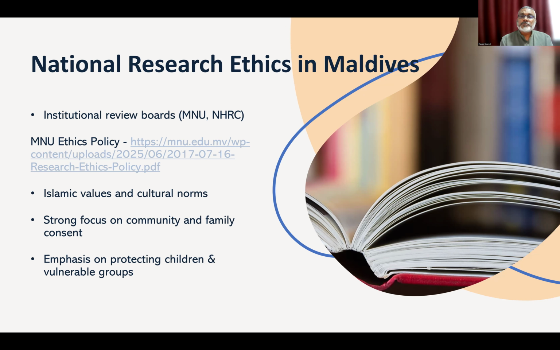When it comes to doing research in the Maldives, the Islamic values and our cultural norms are things that we have to take into account. Legally it may be right, but we must respect the participants involved: their culture, their religion, their norms. These are things that you need to follow.